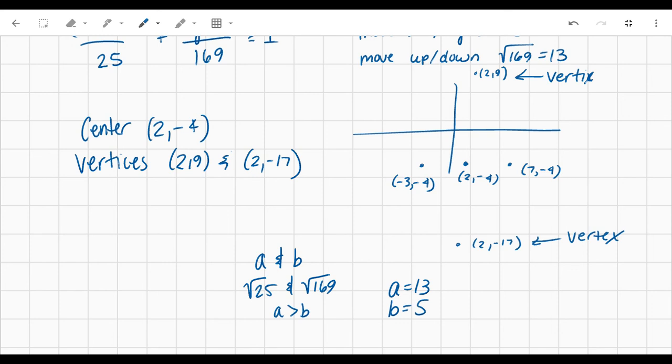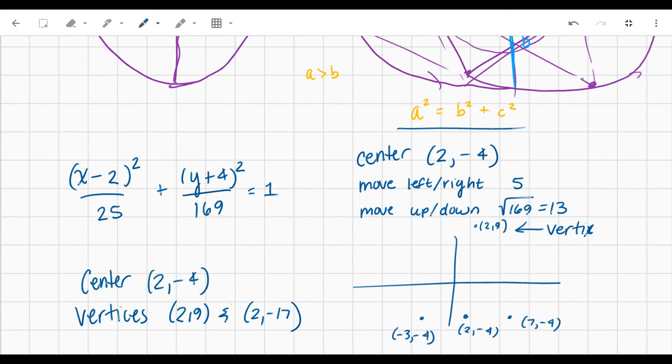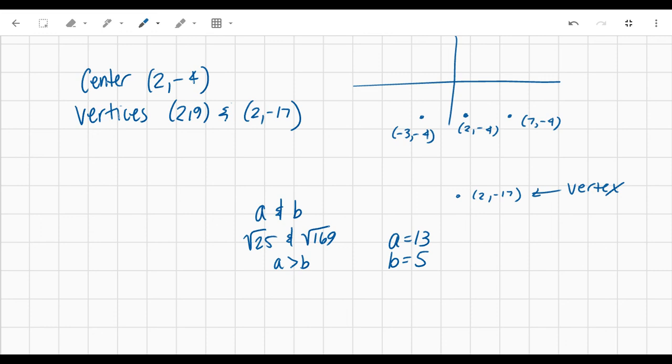Then all you need to do is remember this relationship: A squared equals B squared plus C squared. So 169 equals 25 plus C squared. These are going to work out nice too. You're going to get 144 is C squared. So C is 12.